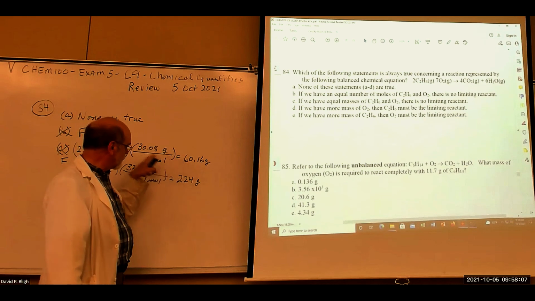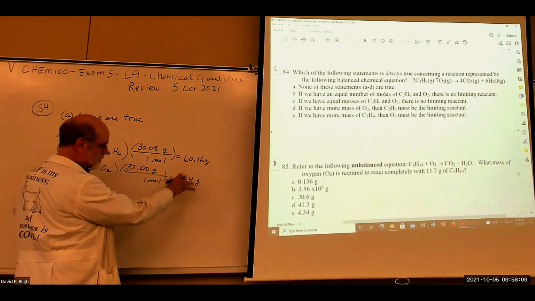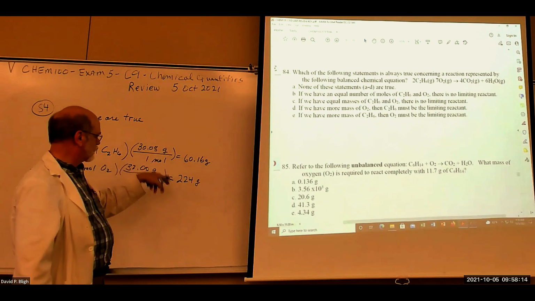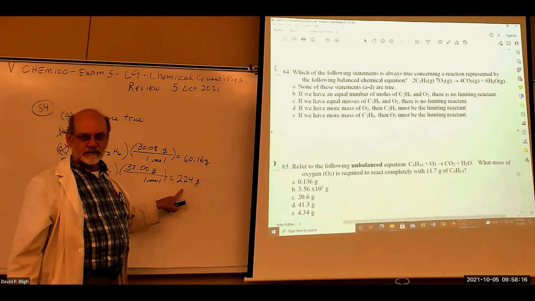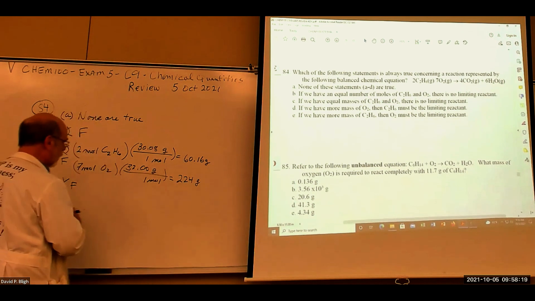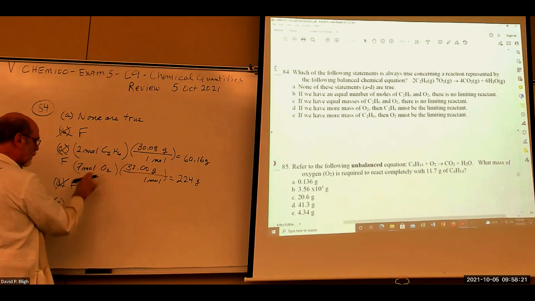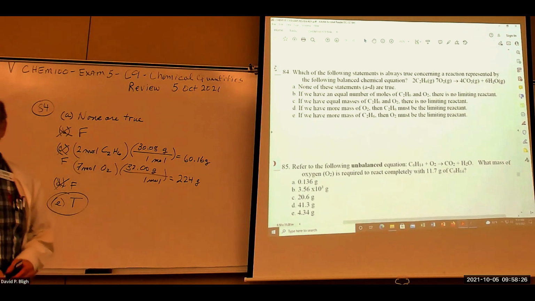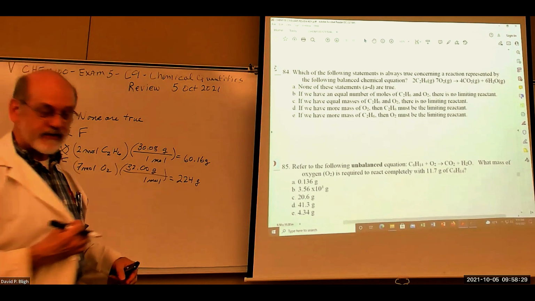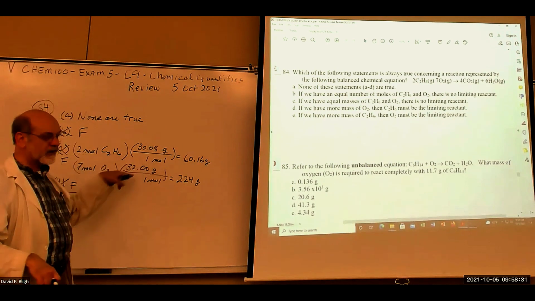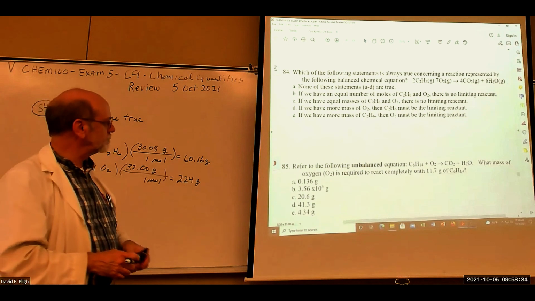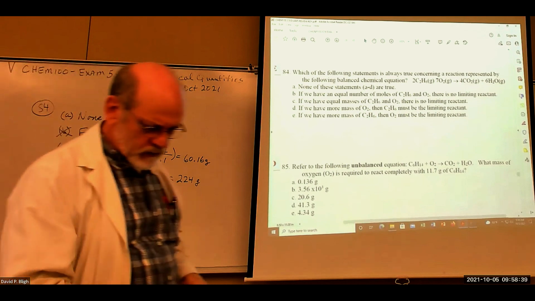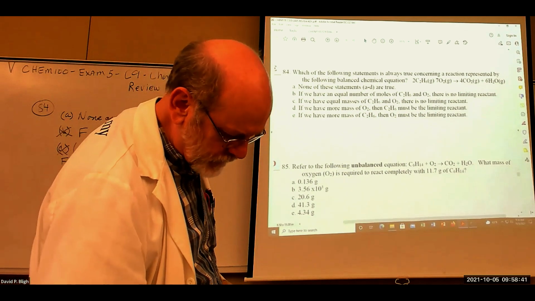If we have more mass of this than that, say for this ratio, if we had 250 grams of this one, then oxygen would run out. So that was true. If you have more mass of C2H6 than you do of O2, then yes, O2 is limiting. And the only way to answer that question is to do this middle calculation. Okay, that was 84. That's it. That's all I have to review.